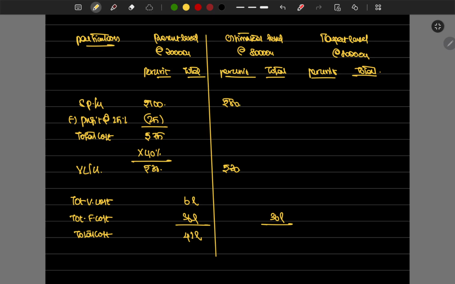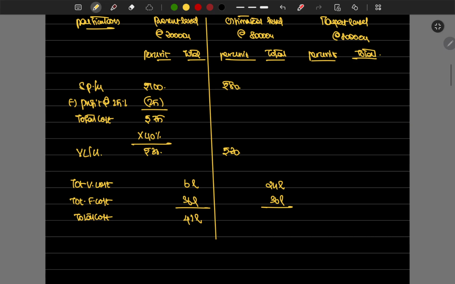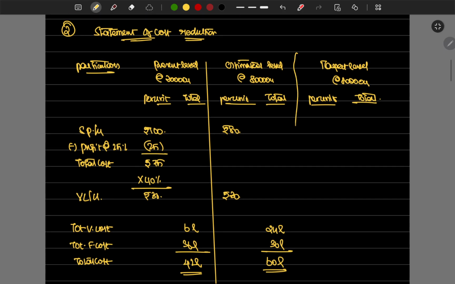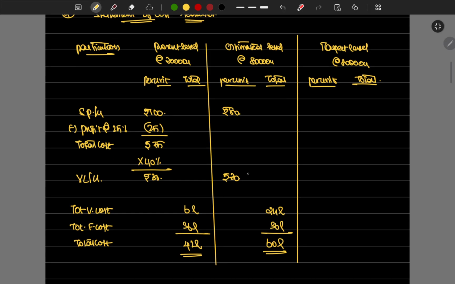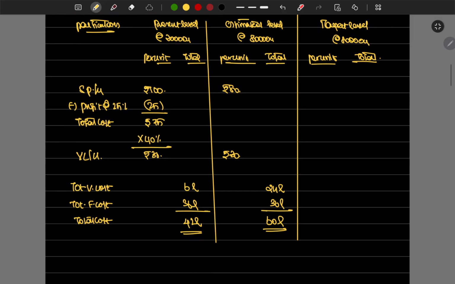So 30 into 80,000, which is 24 lakhs. The total is 60 lakh, which is the total cost of the estimated level. You don't need to fill in any other information, just these two. Fixed cost is constant in total. That's what we have applied here.